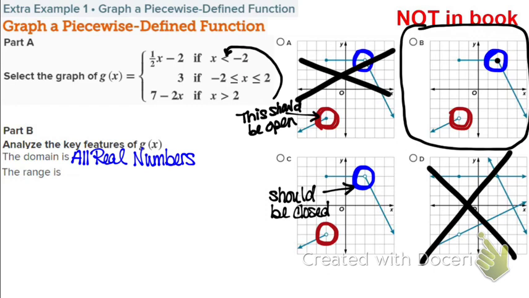Now let's look for our range. Which way am I scanning for the range? Up and down. Is there anything that's pointing downish? Yeah. This side it's pointing down. This side's also pointing down, right? Is there a graph that goes from here to here?